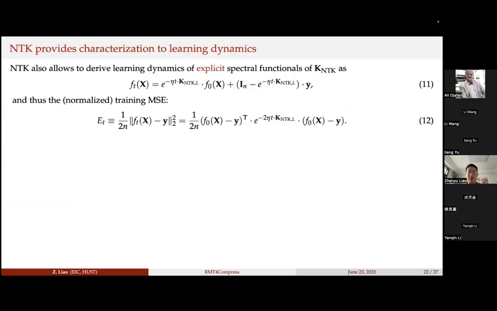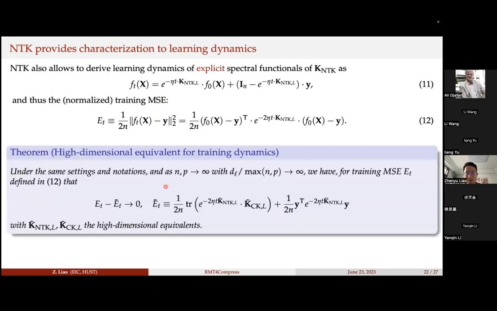We have a very detailed study of the neural tangent kernel, and this NTK also allows us to derive in an explicit manner the learning dynamics, that is, how the loss function changes over time for a given neural net, as in our second paper. Since we already have an expression for the NTK, we can apply it to characterize the learning dynamics of neural nets. Let's first discuss this result.